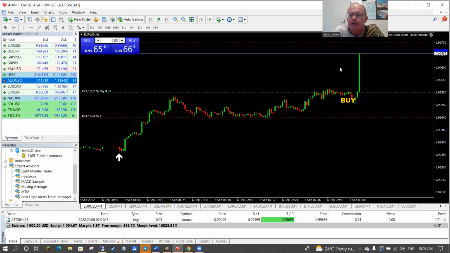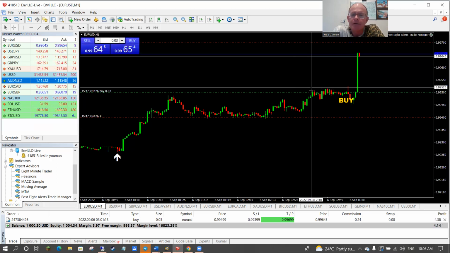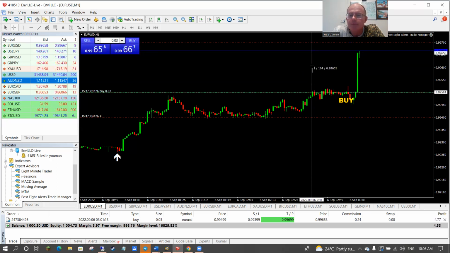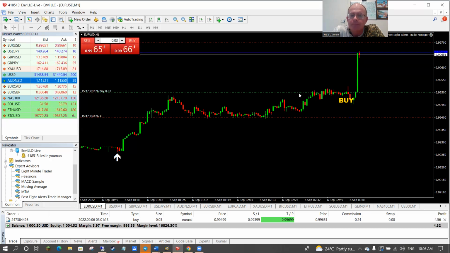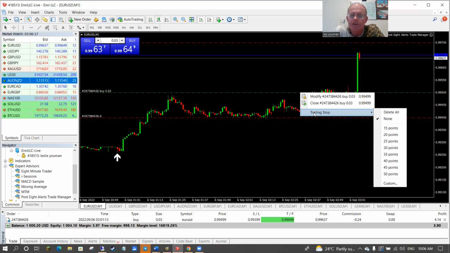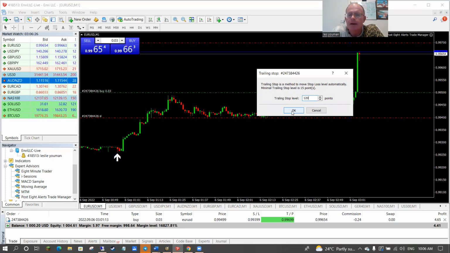I'm getting very close to hitting my take profit already. But one thing I do like to do is, if I measure, well, I know what it is, that's 20 pips to the take profit. Halfway is obviously 10 pips. So what I like to do is set up a trailing stop loss, click on custom, and set the trailing at 120 points, and click OK.